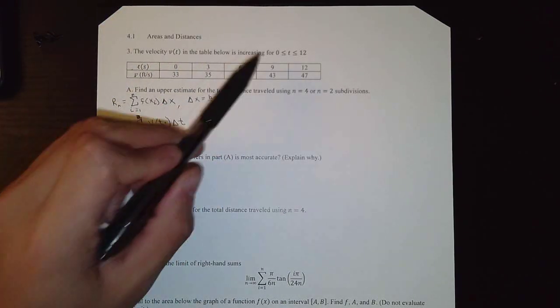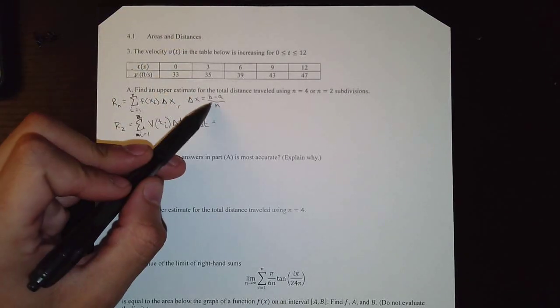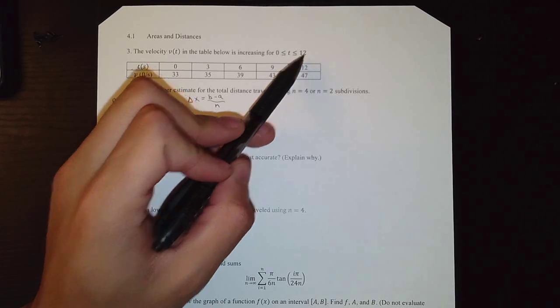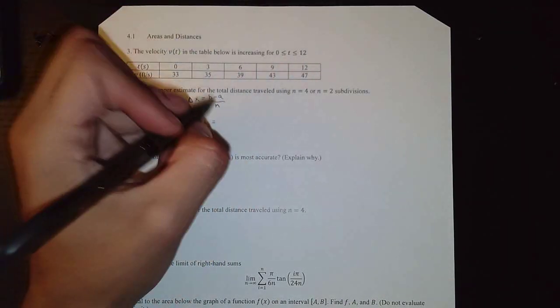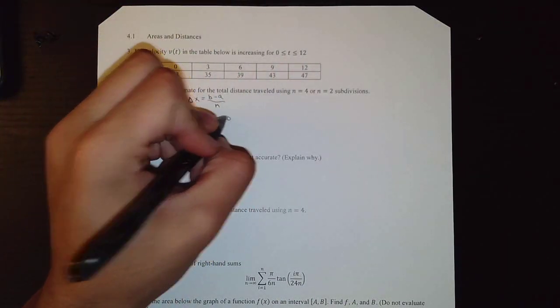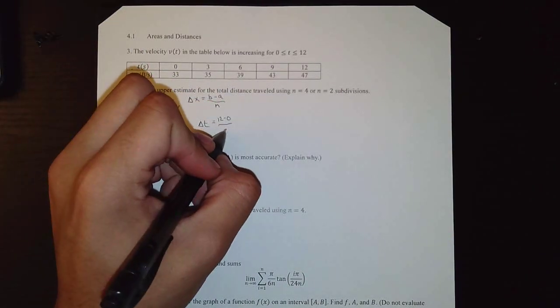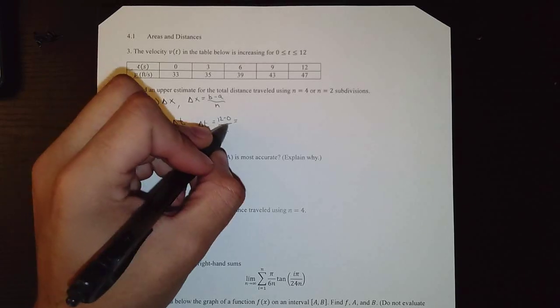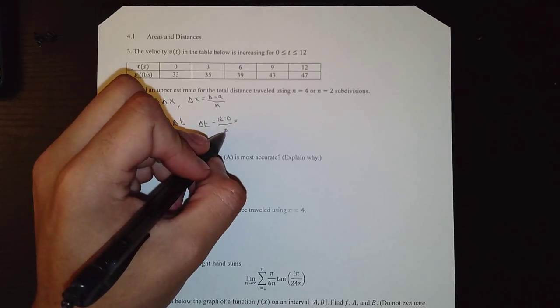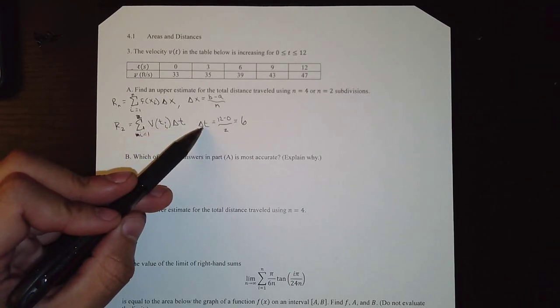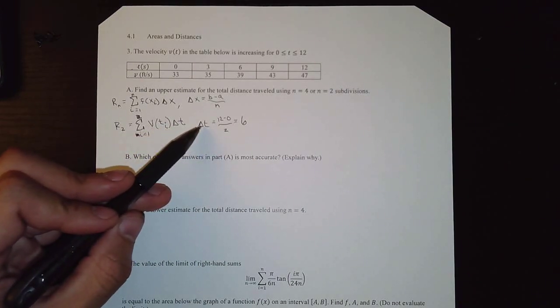Going to the interval, our b is 12, our a is 0. So we have 12 minus 0 over 2, since we were given n equals 2. That gives us that delta t is equal to 6.